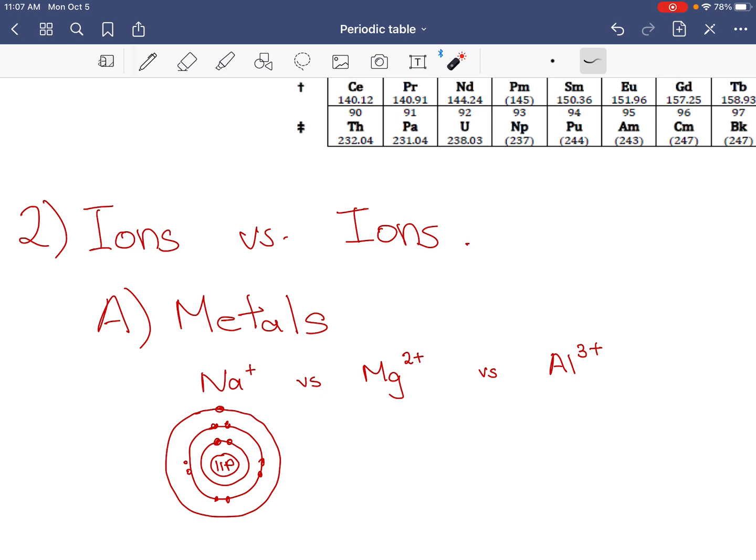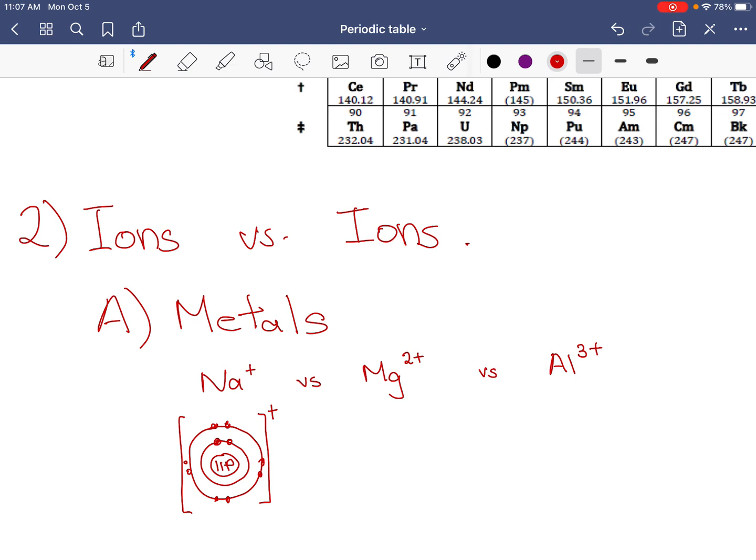Oh, yeah, that's right. Get rid of this guy. So let's get rid of that guy. There you go. Now it's an ion. Usually when we abbreviate an ion, we give it a square bracket with its charge on the upper right corner.